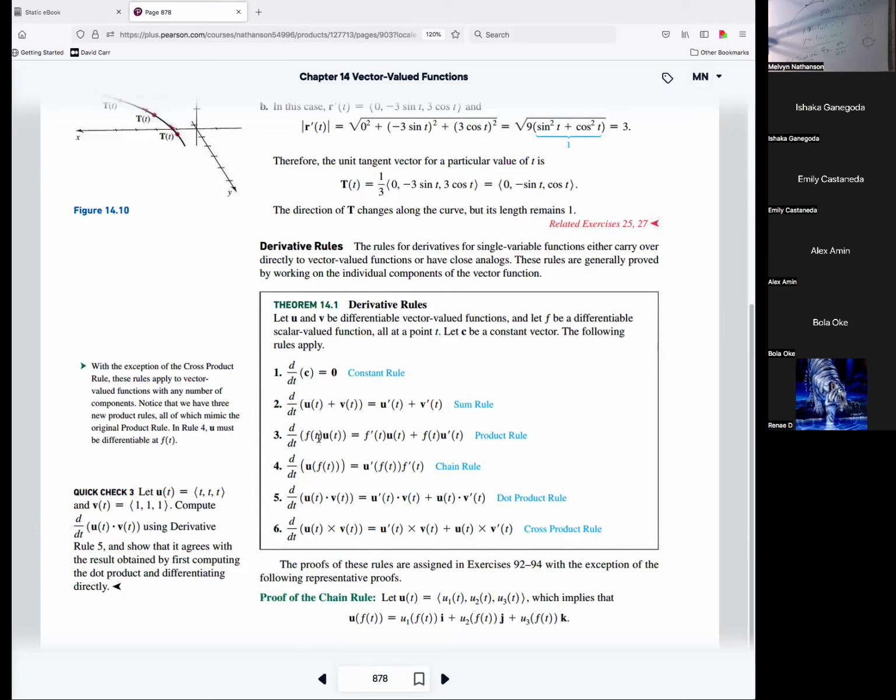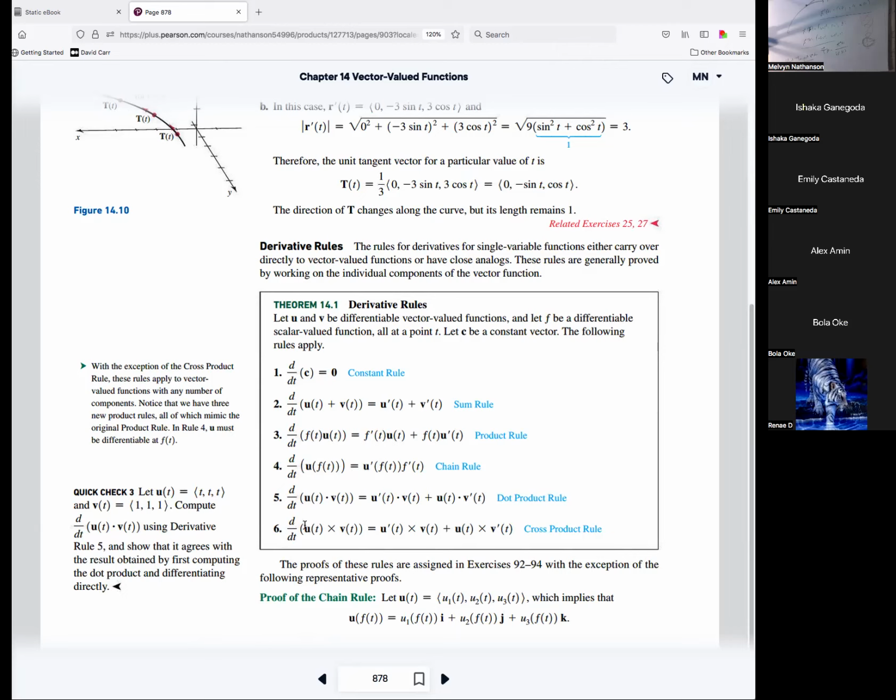Here's a product rule where you multiply a vector by a scalar function f of t, and you get exactly this product rule. And you have a chain rule, which is exactly this. These formulas are completely analogous to what you know for ordinary functions, real valued functions of a variable.